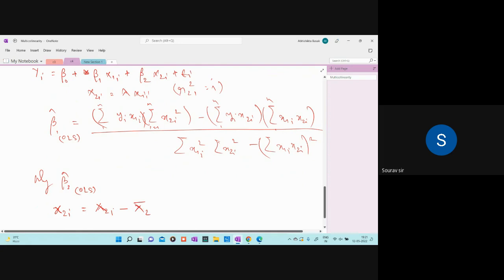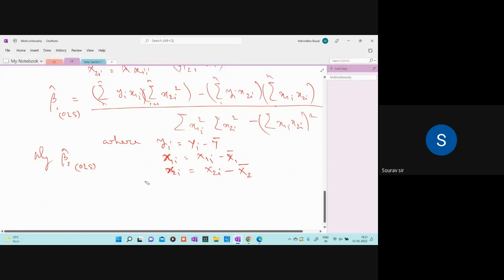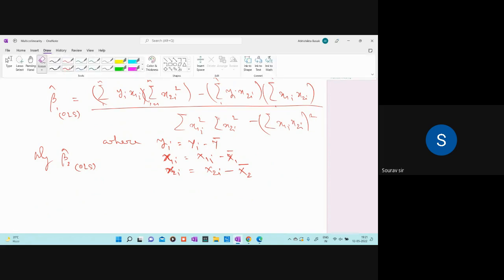Where yi equals capital Yi minus Y bar, small x1i equals capital X1i minus capital X1 bar, and small x2i equals capital X2i minus capital X2 bar. Is it okay with respect to the notations? You can check it once. I'm giving you 2 minutes. You can check whether you are getting this or not.